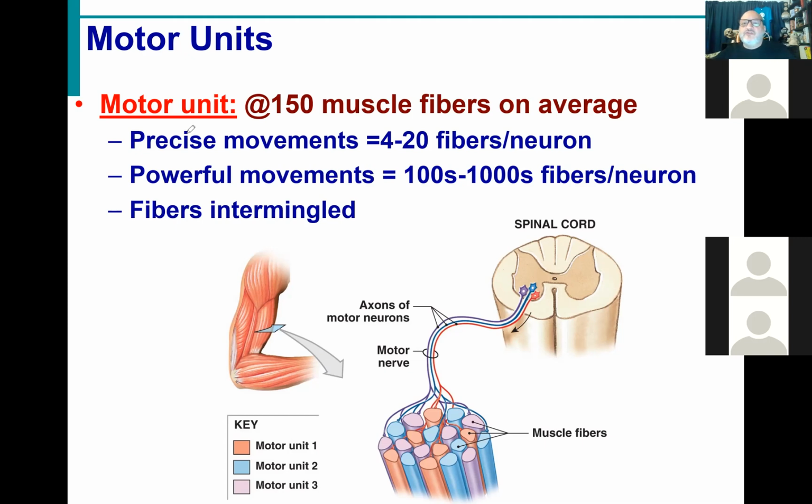Unlike the one I drew earlier, how many purple muscle cells are in motor unit 3? 7. 2, 3, 4, 5, 6, 7. How many are in the red one? 6.